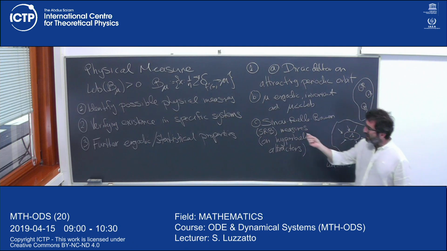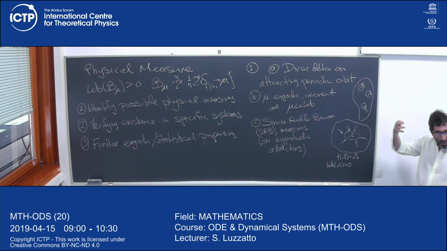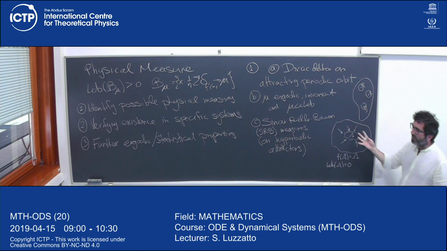And hyperbolicity is a generalization of the expansivity that we've been talking about. So a crucial property of the one-dimension maps we discussed is that the derivative is bigger than 1 everywhere, right? We showed that when the derivative is equal to 1 at a fixed point or at a 0 point, then there are some difficulties. In higher dimensions, the derivative is a map on the tangent space, and you can have the tangent space splitting into some directions that are contracting and some that are expanding, and that is behind the definition of hyperbolicity.